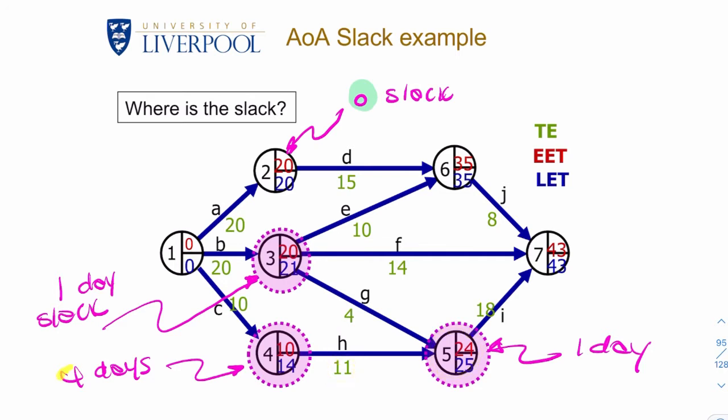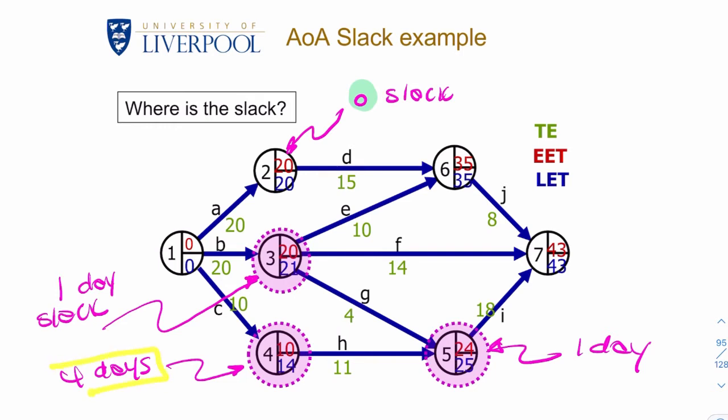So we are allowed a delay of 4 days simply because it's taken 20 days to get to here. So it's going to take 24 days to get to there anyway. So even if there's a 4-day delay, you have 10 plus 4 plus 11, it'll still be 25.